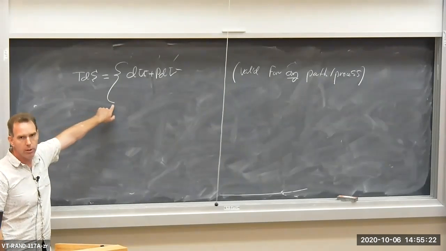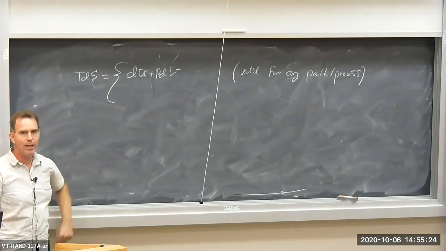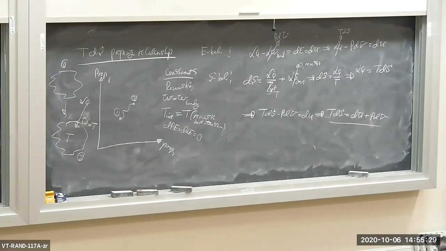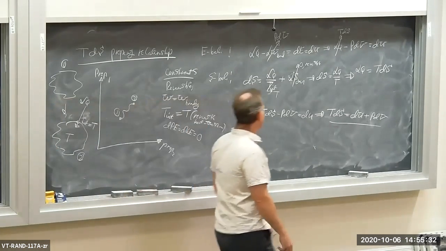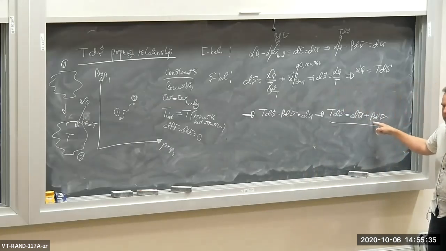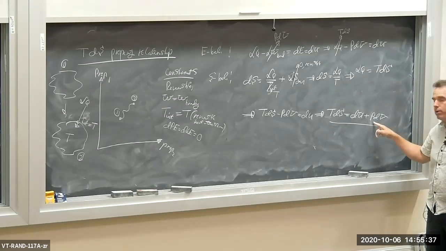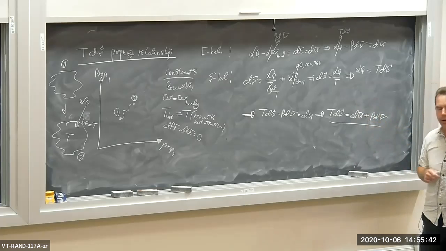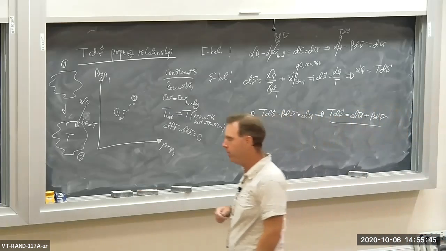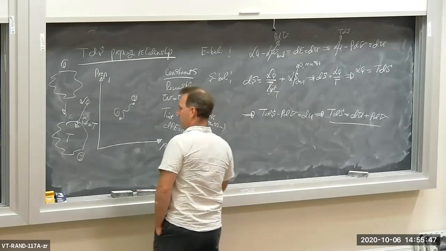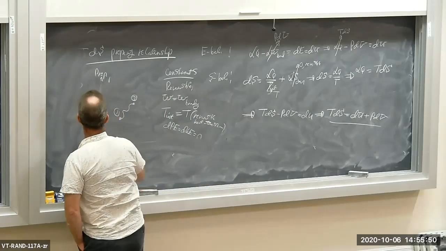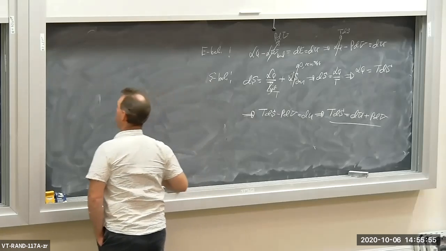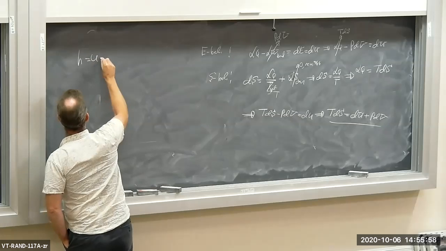Now why did I put this curly bracket here? Because there's actually two versions of the T dS equation. We have a dU plus P dV in here. I could have written this in terms of enthalpy instead, dH. H is equal to U plus PV.